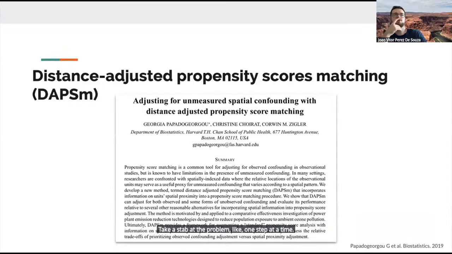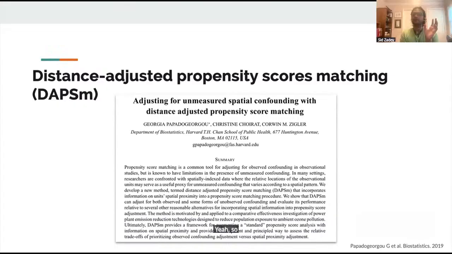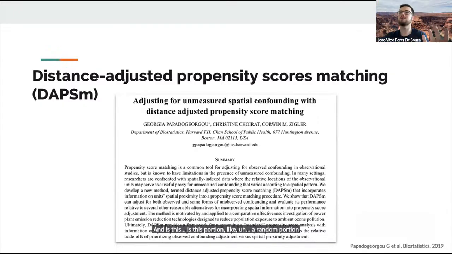So you assume that the spatial confounding is going to resolve a portion of that unmeasured confounding? Yes. And is this portion a random portion, or can you tell how much it would explain?